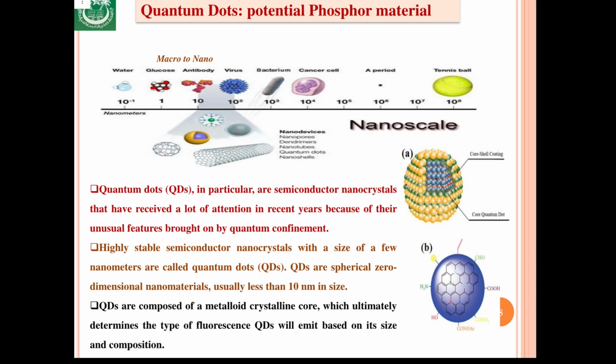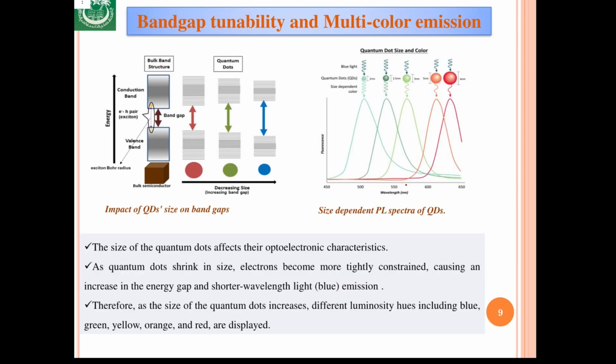Also, single element quantum dots can be synthesized, like carbon quantum dots, graphene quantum dots, and silicon quantum dots, etc. Due to size quantization effects, quantum dots exhibit very unique and peculiar optical characteristics which resemble the optical characteristics of atoms.